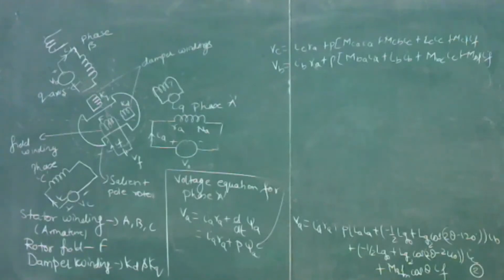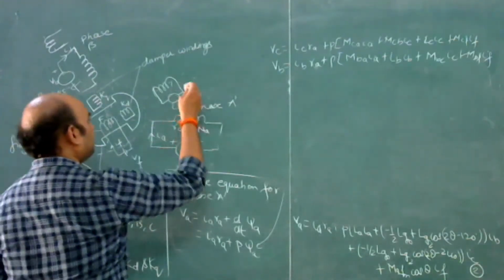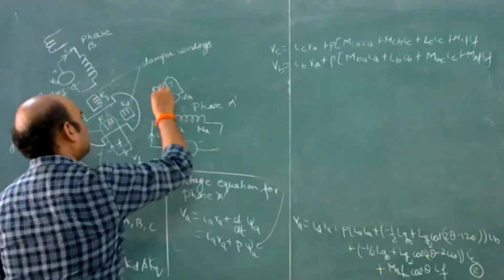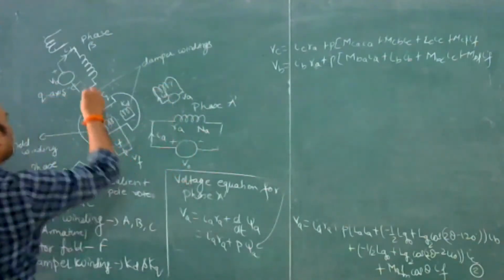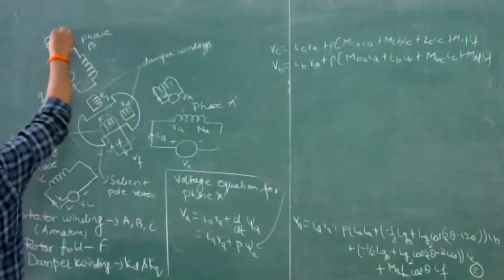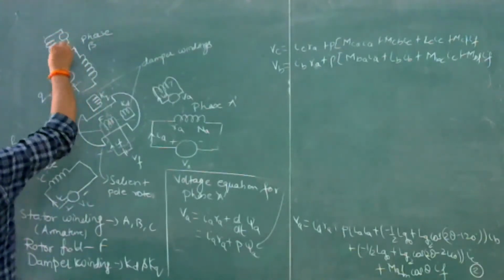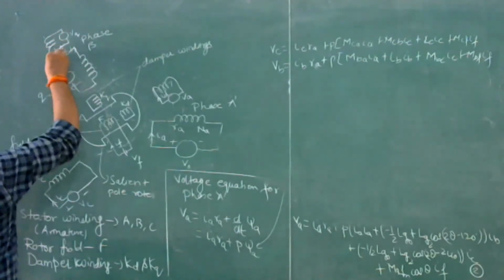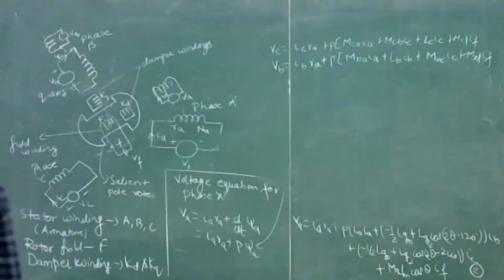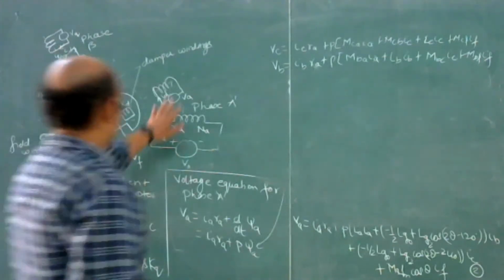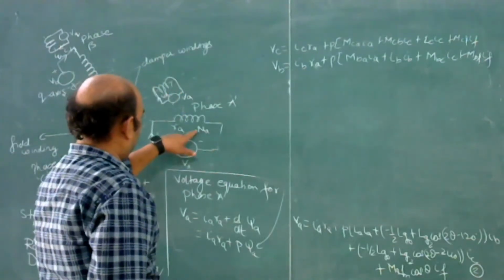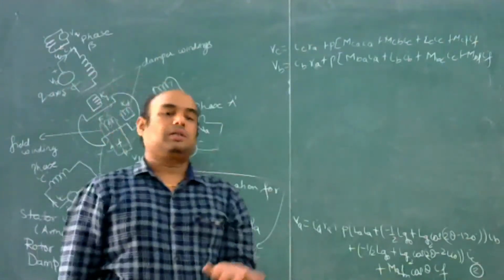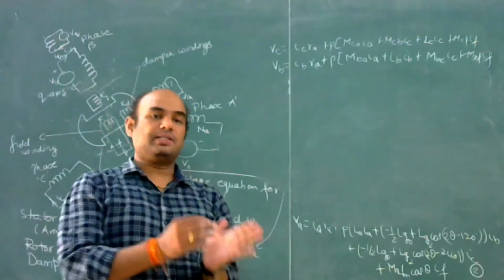So this voltage is VD here and current is ID. And here voltage is VQ and current is IQ. Okay, so stator windings A, B, and C can be converted into two-phase windings.